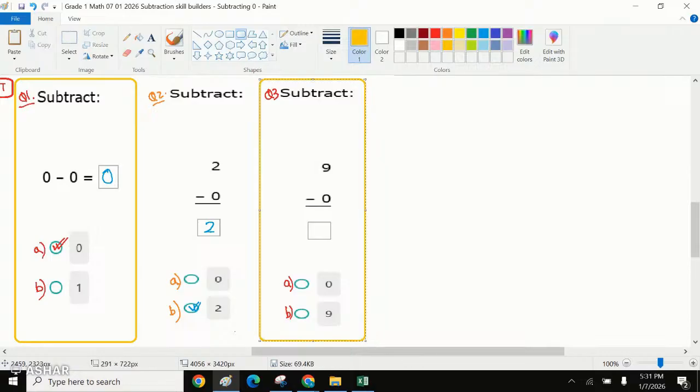If you had 9 slices of cake, and you did not eat any of them, or you did not give away any of them, then you will have the same number left.